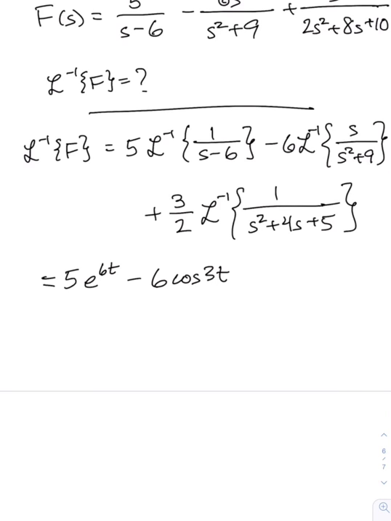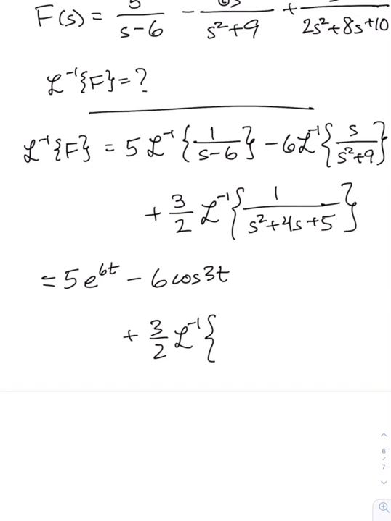And then that last part, we can't really read that off the table. We're going to have to do like in the last example and complete the square in that denominator. See, because on the table we've got quadratics, but those quadratics have no linear term. There's no s term. There's just an s squared term. And you always get rid of that middle term in a quadratic the same way, by completing the square.